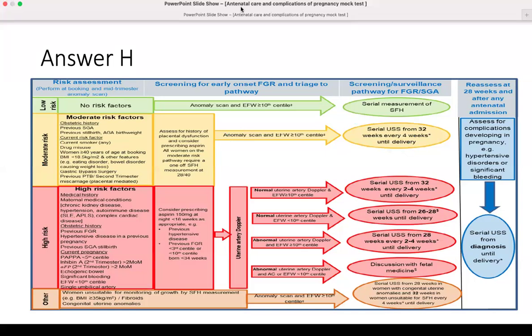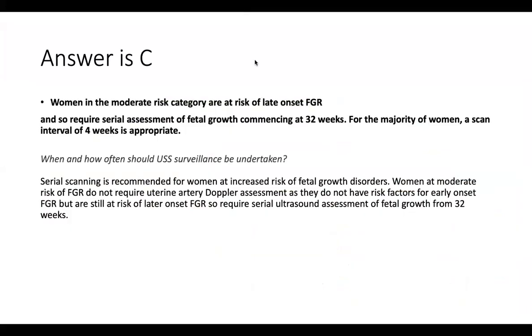And when I tell you the baby is less than 10th centile, what will you call this baby, Dr. Azza? You will call this baby small, right? Small for gestational age. Yes, excellent. Well done, Dr. Sidra. So here, the woman is at moderate risk category, and she's at risk of late onset FGR, okay?